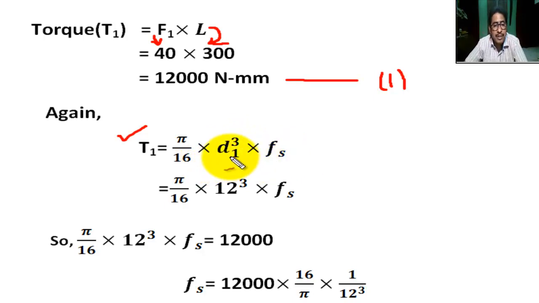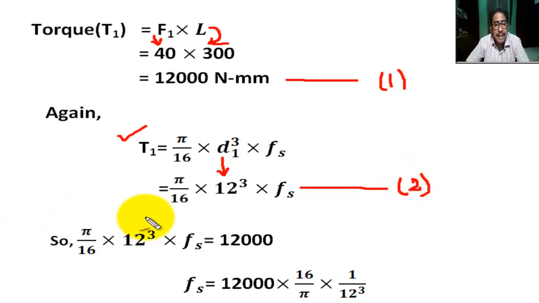D1 diameter of set screw in first case, Fs shear stress induced in set screw material equal to pi by 16, D1 equal to 12 cube into Fs. This is equation number 2.